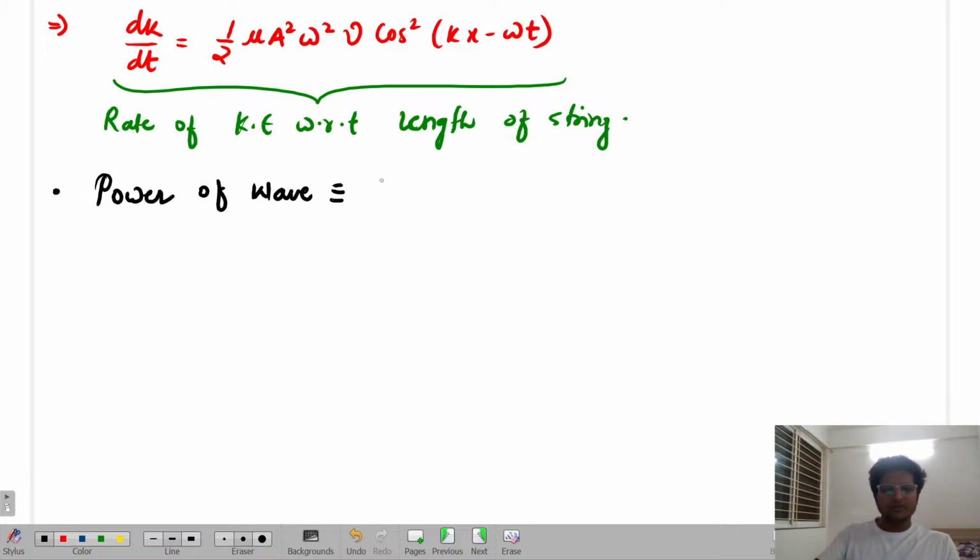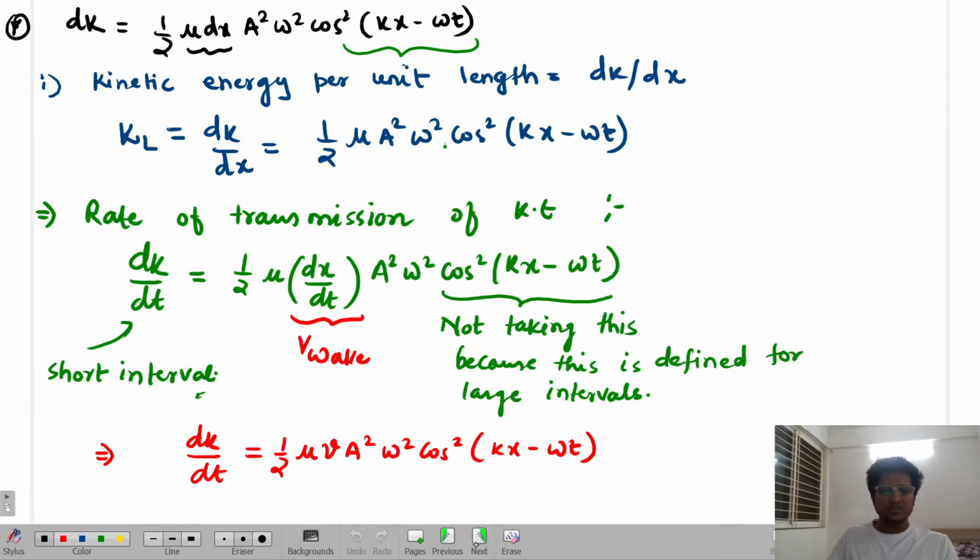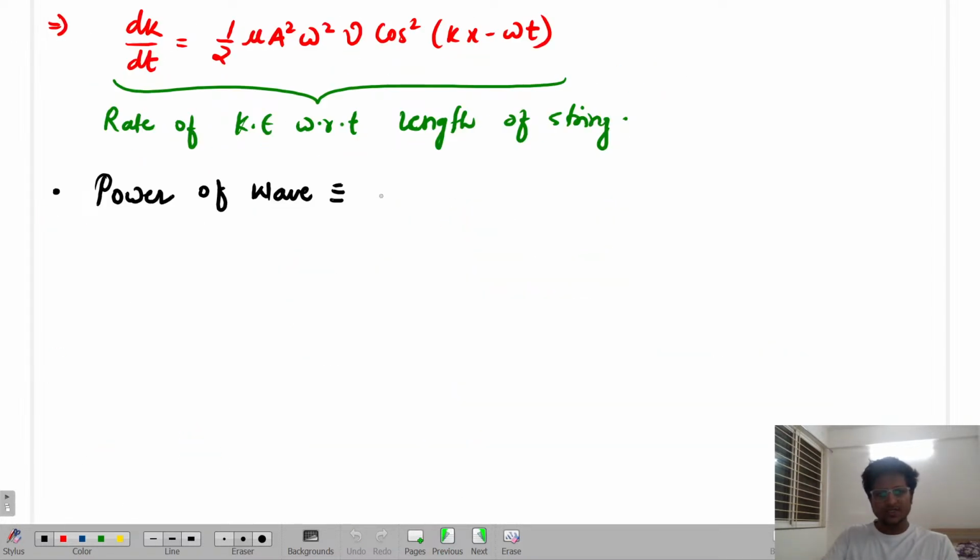So power of wave is equal to half mu a square omega square, but since we can cancel this 2 with the differentiation by chain rule, it is just written as mu a square omega square velocity of wave. Are you able to get me? What is the power of wave?